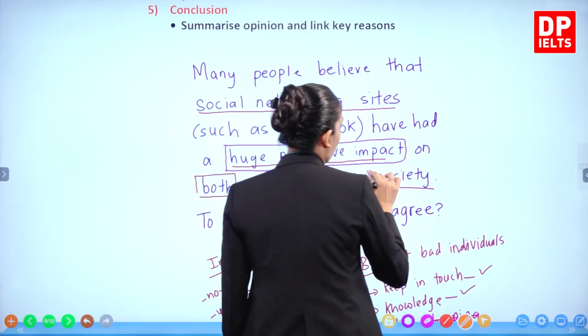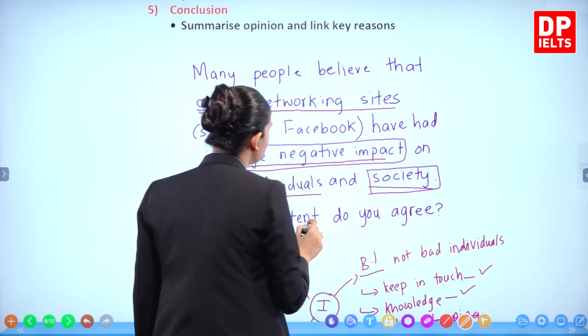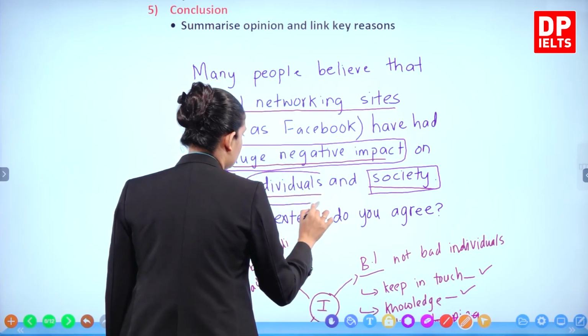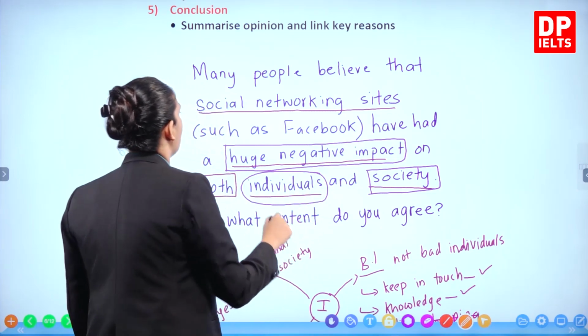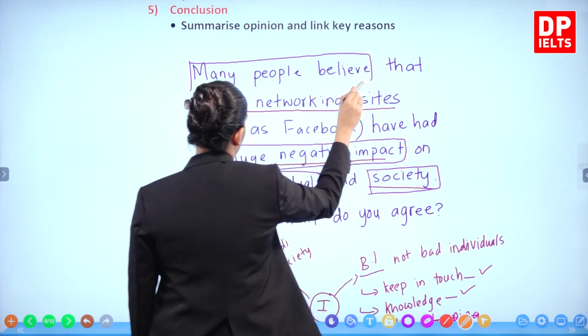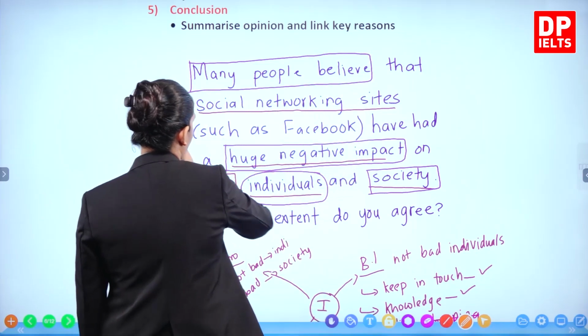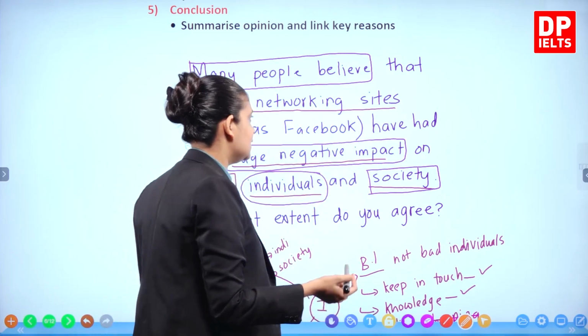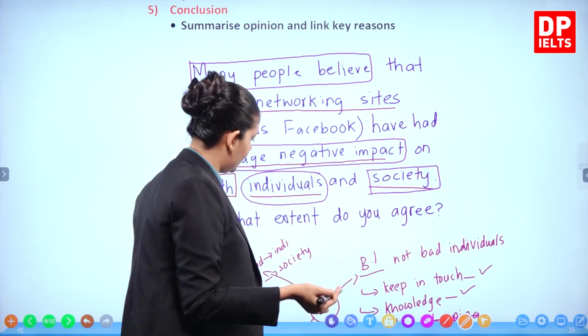Society we can paraphrase. I don't really think we want to paraphrase the word individuals, so I'm going to circle it. I could talk about many people believe as well, okay. But I don't want to change social networking sites. I'd leave it as it is, okay.